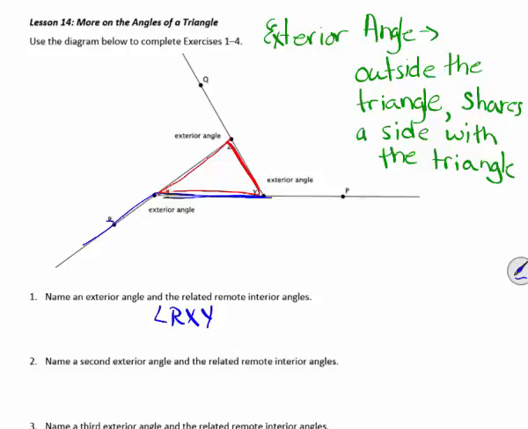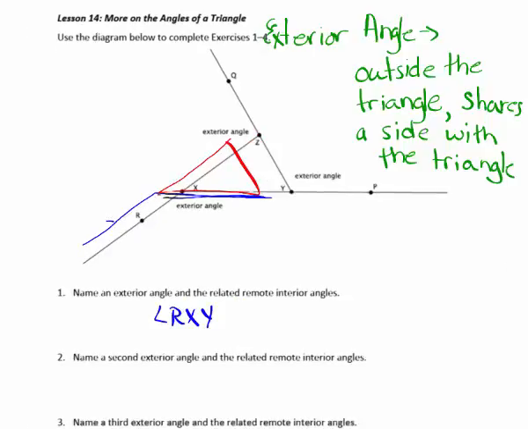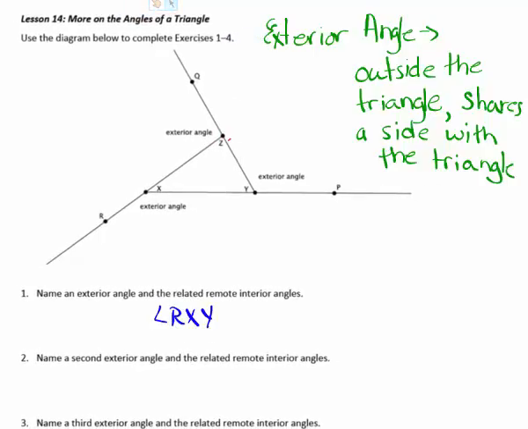The related remote interior angles, well, what does that mean? That sounds a little weird. Sorry, I didn't mean to move that over so much. There, okay. So remote means that it's not touching. Remote, not touching them.